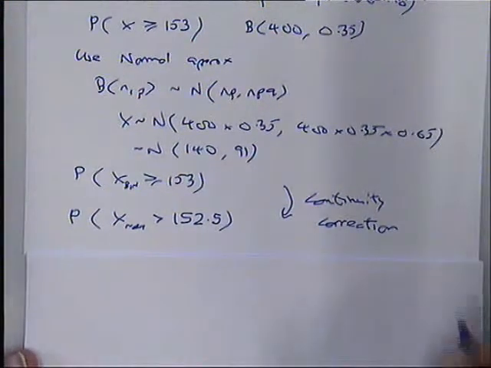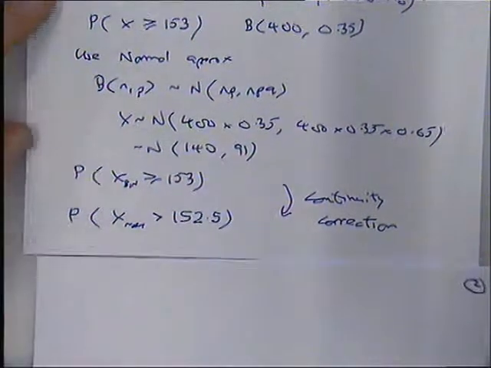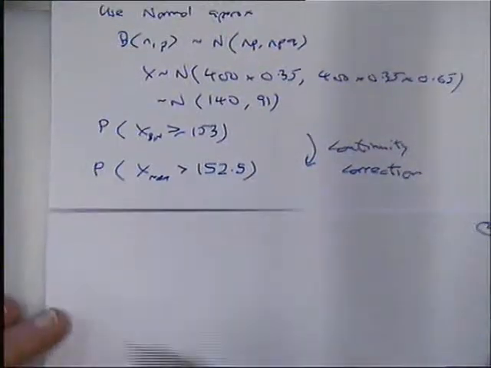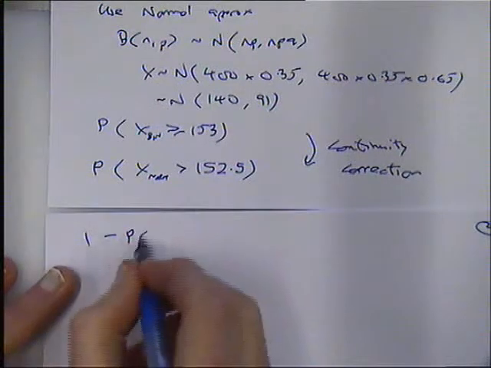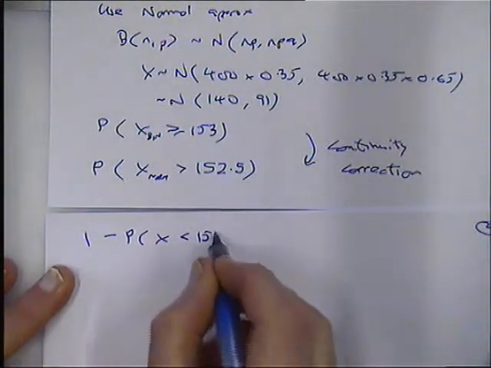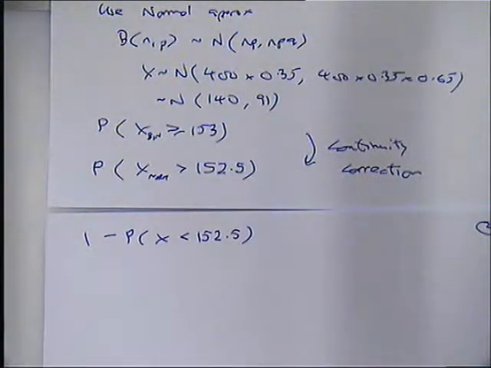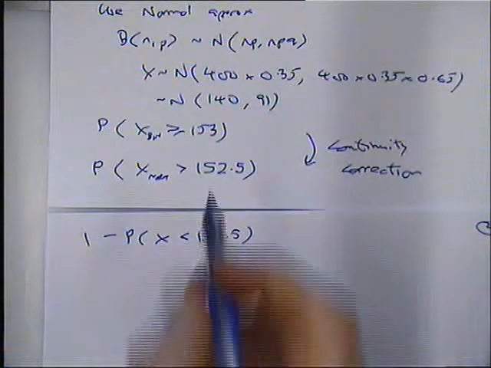Where would we go from here? Yes, flip it around to a less than. We don't like greater thans. So it's 1 minus the probability that X is less than 152.5. If you wrote greater than or equal to on the normal, that would make no difference.